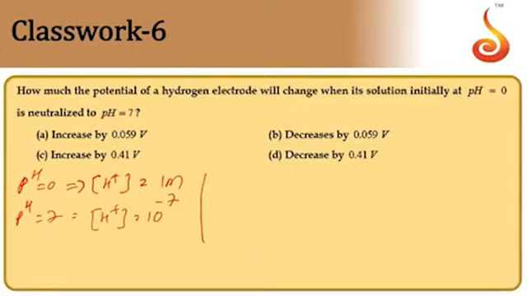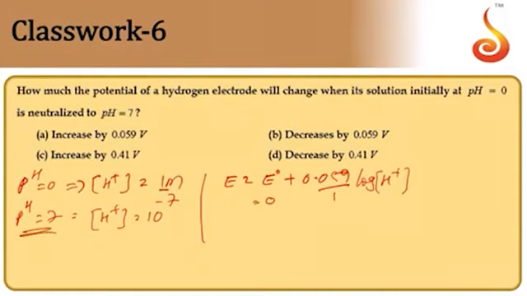For pH 0, applying the Nernst equation, E is equal to E naught plus 0.059 by 1 into log of H plus. Now H plus is 1, and log 1 is 0.